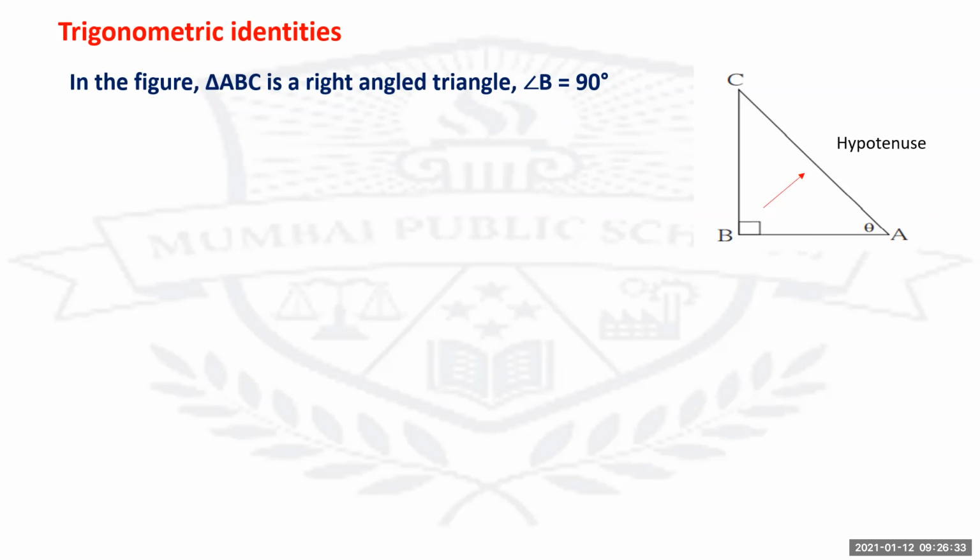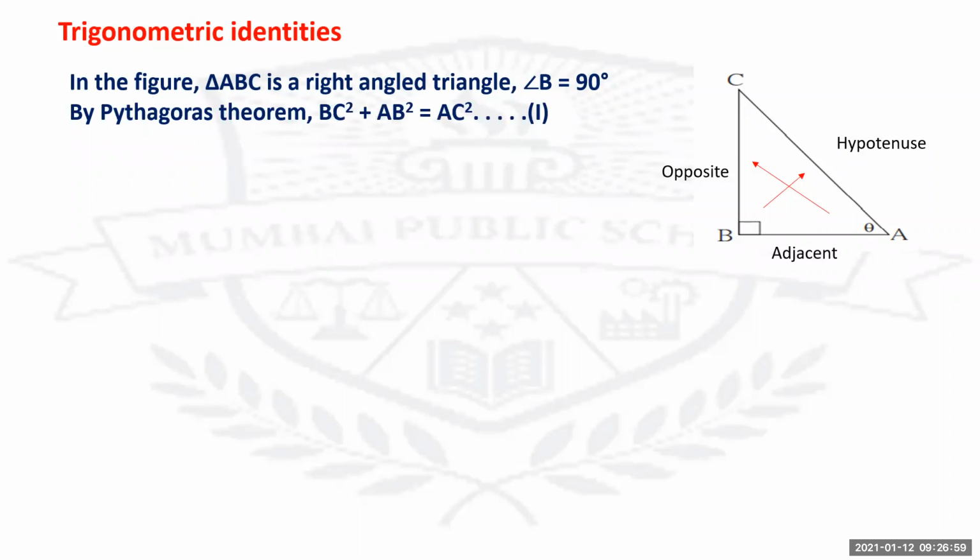If you consider angle A as theta, the side opposite to angle A, that is BC, becomes the opposite side. I show these arrows to make you understand which is the opposite side and which is the adjacent side. The remaining side is your adjacent side.